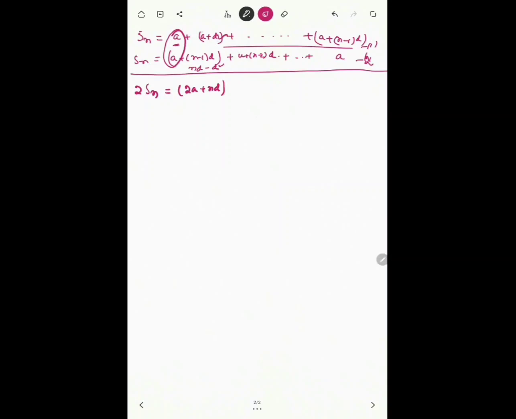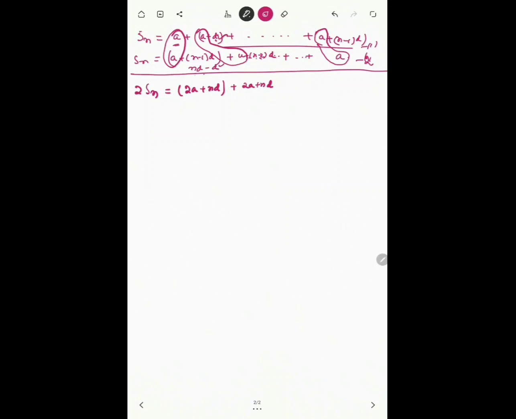Now again the pair, this pair will give you 2A and nD, right? Similarly here also see that 2A, and there is no D, right? Okay, now here see this is D, very clearly see, and this is nD minus 2D, and this is plus D, so n minus 1 D we will get, right?